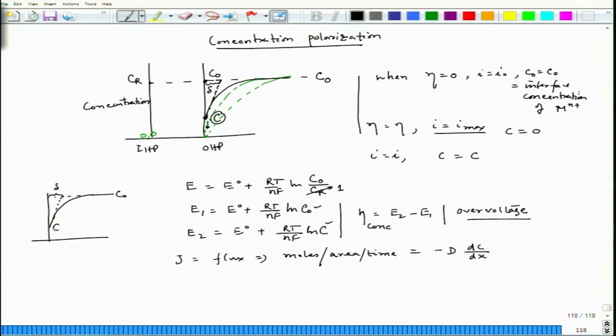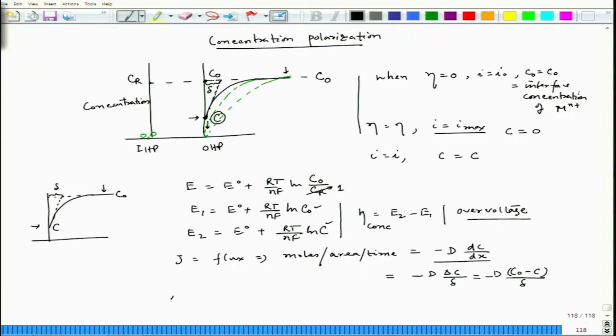Then the flow of metal ion from the bulk to the interface, that rate would be decided by this particular equation, which is Fick's first law, and we are considering steady state flow. This can be approximated as minus D, where dC can be written as del C, and dx can be written as del, which is minus D into C 0 minus C divided by delta.